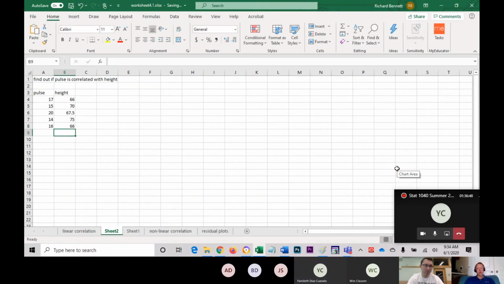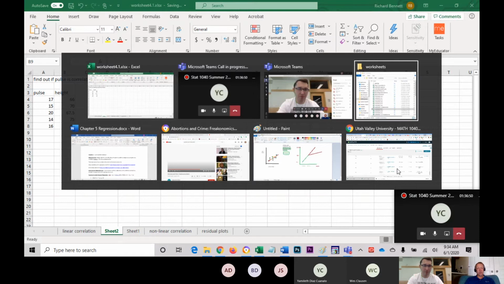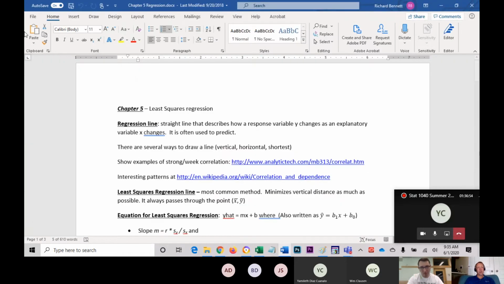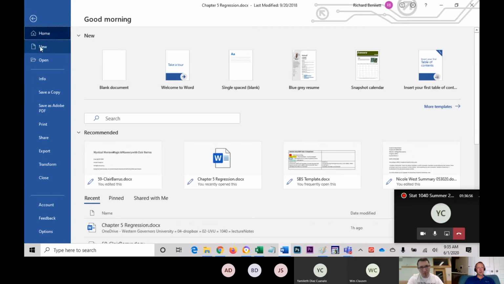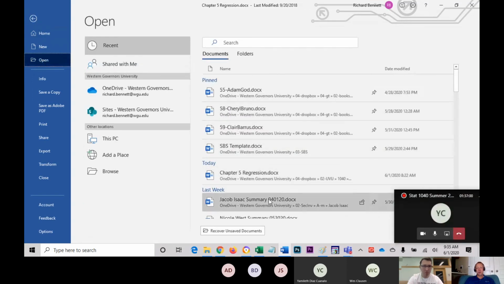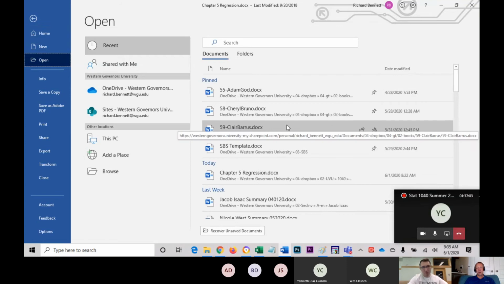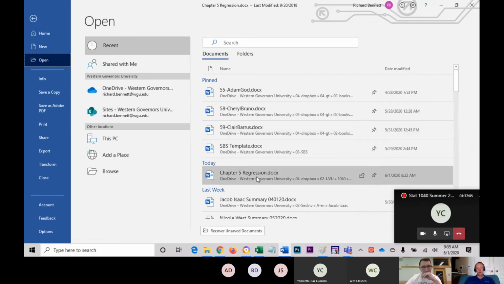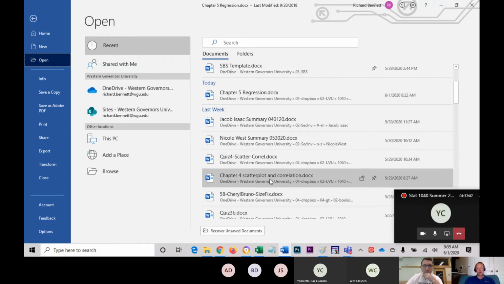Okay. So if I give you the formula sheet, I don't know where the formula sheet is. Here it is.